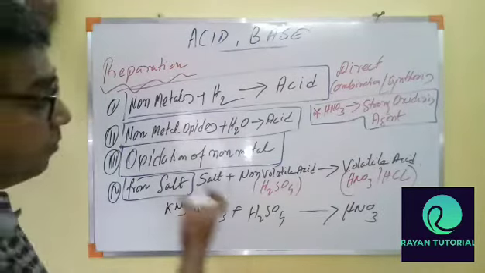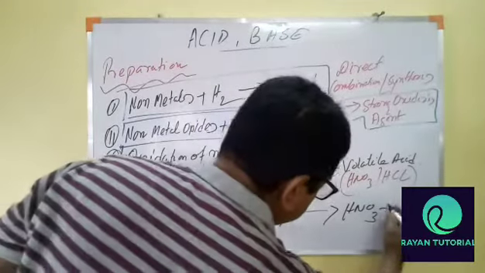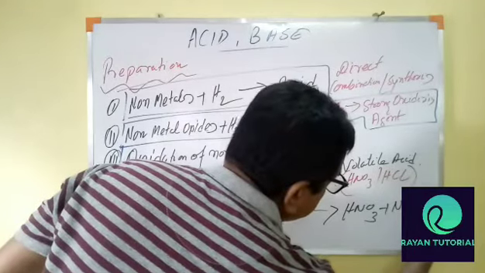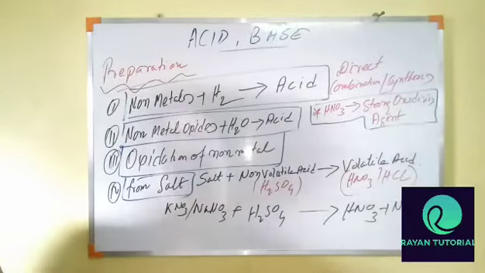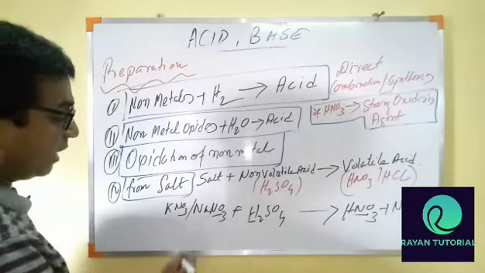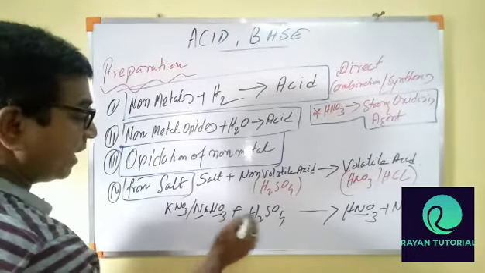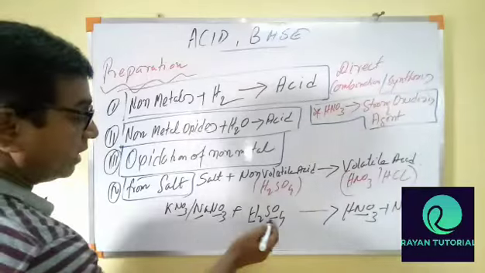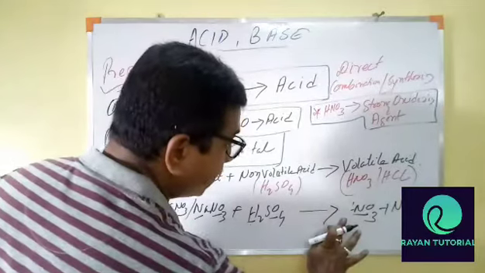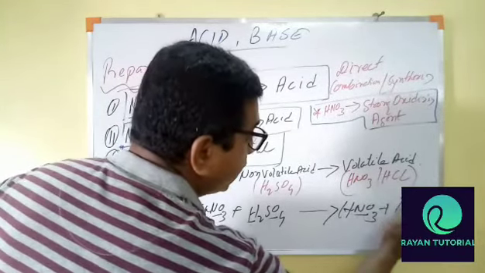Clear? So sodium nitrate plus sulfuric acid gives you nitric acid plus sodium hydrogen sulfate, or sodium bisulfate. What happens? HNO3: this H and NO3 combine together, so one more H is left and NaSO4 is left. So NaHSO4. If it is potassium nitrate, then this one will be nitric acid, and this one will be only K.